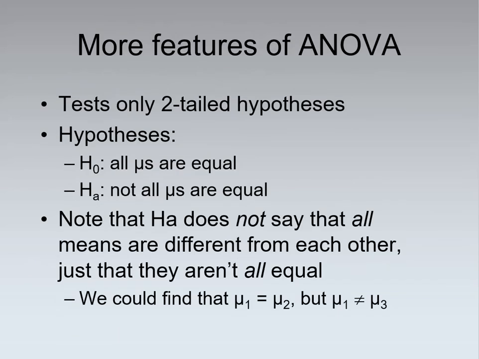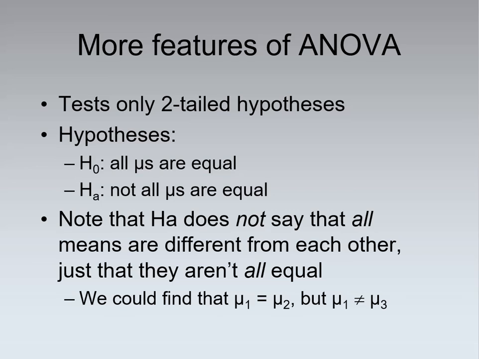ANOVAs are only two-tailed. And here we have two types of hypotheses, essentially. We have our null and our alternative. In our null, all groups are equal. However, we are not going to state that not all or all are not equal.